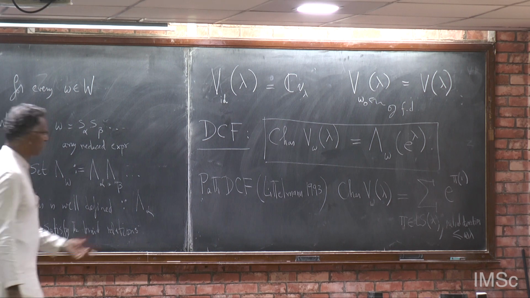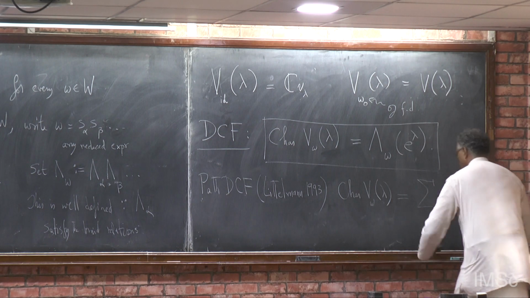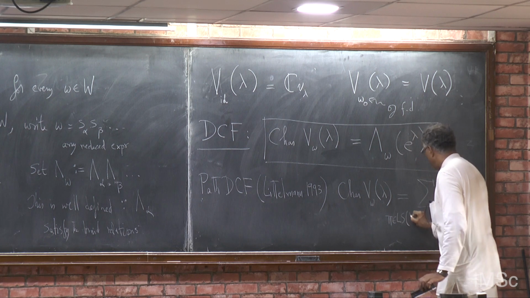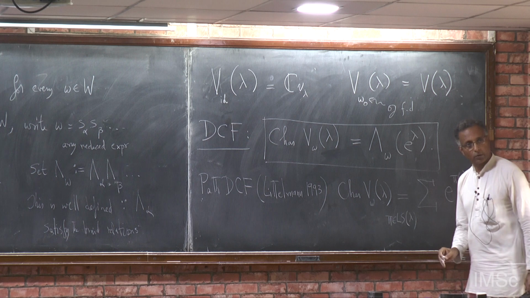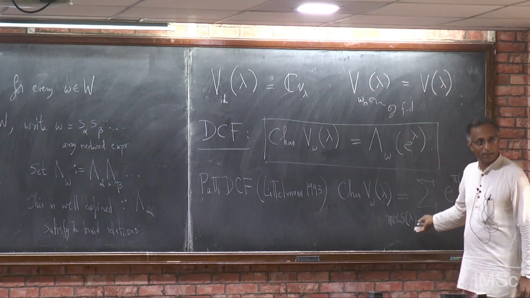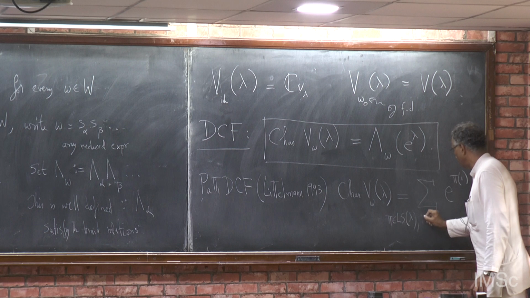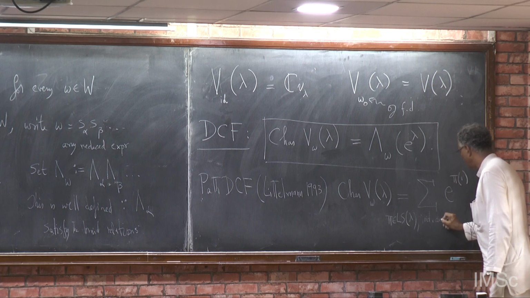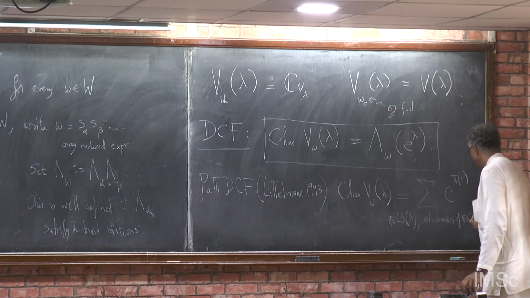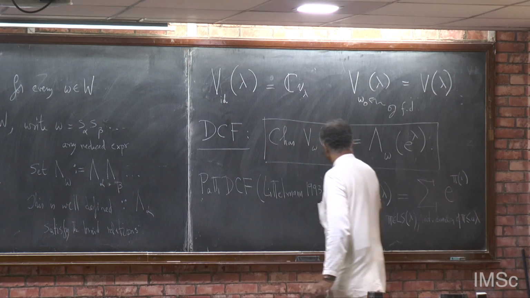So let me rewrite it here: the sum is over all LS paths pi of shape lambda, and then the initial direction of pi is less than or equal to w lambda. This is what we want to prove.